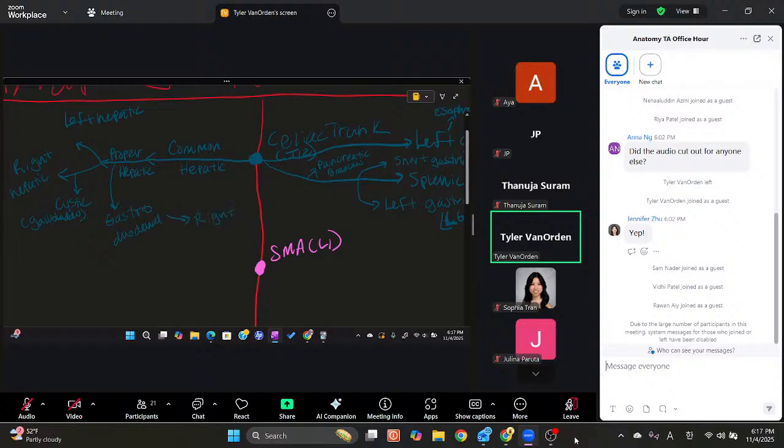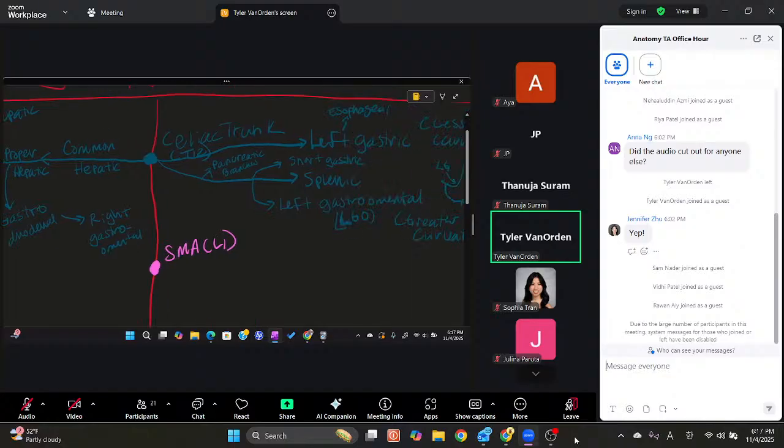gastroomental. Because remember, we had a left coming off on the other side. And you probably guessed it, this right gastroomental is going to anastomose with this left gastroomental at the greater curvature. So I drew it like this just so you could see the relationship.